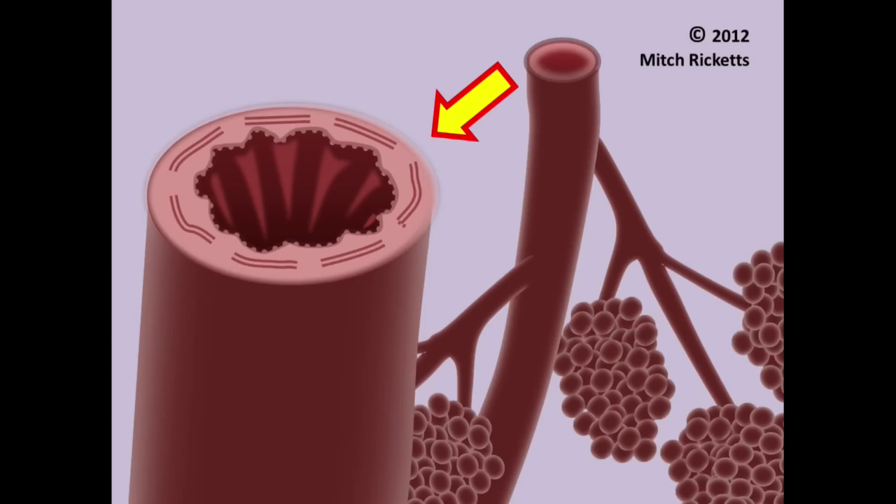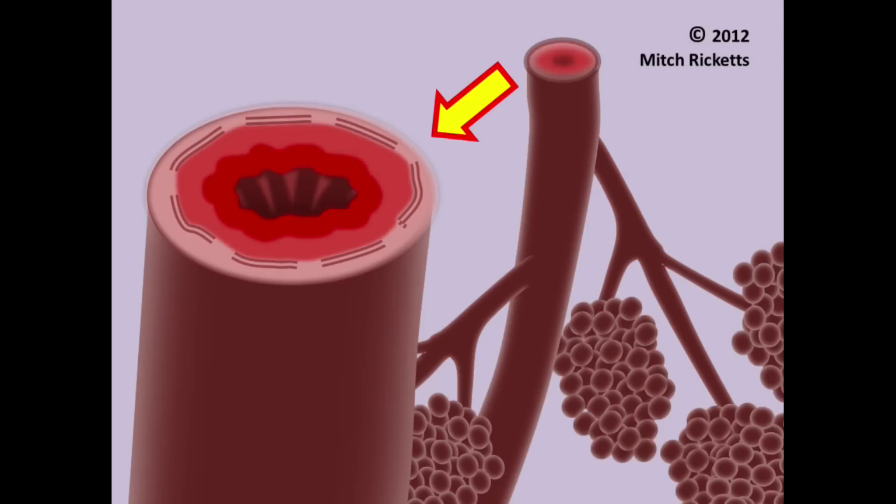With asthma, the walls, the surfaces of the airway become irritated, inflamed, and swollen. And in some cases, mucus may develop in there as well. And when this happens, it becomes difficult to breathe. Our chest may become tight. We become short of breath. We may wheeze and cough. Could I have explained that without images?